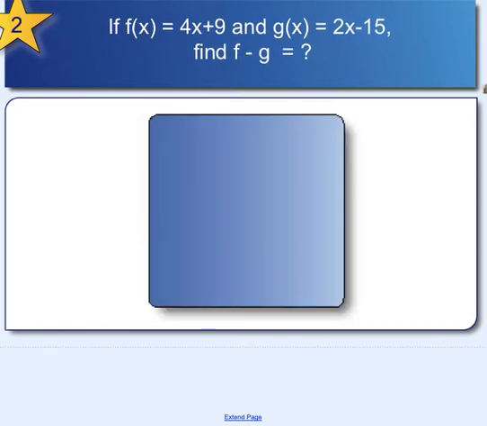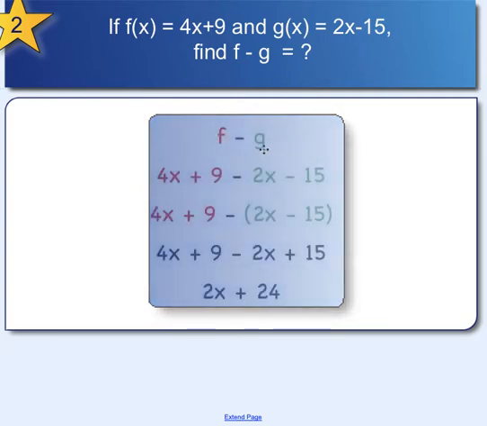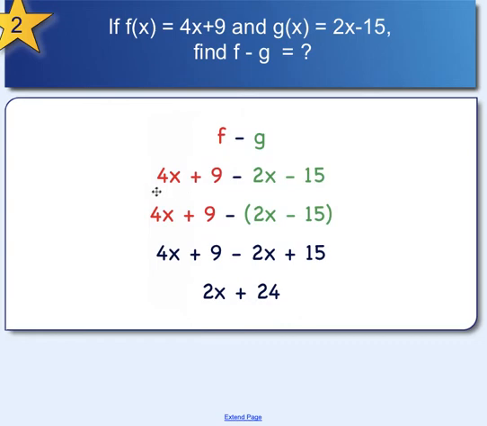And for a similar problem, we have the f function, same g function, except now we're going to subtract them. Now let's remember, when you are subtracting more than one term, you always have to be careful and use parentheses. So, same idea, we're going to take the f function and subtract the g function.